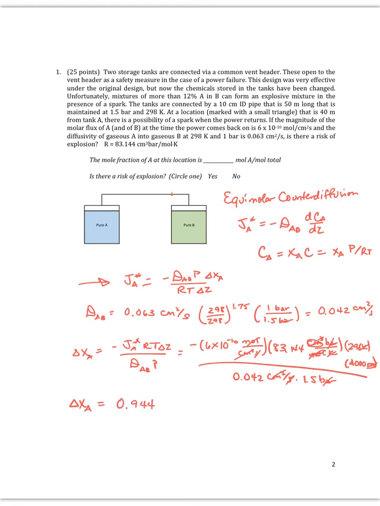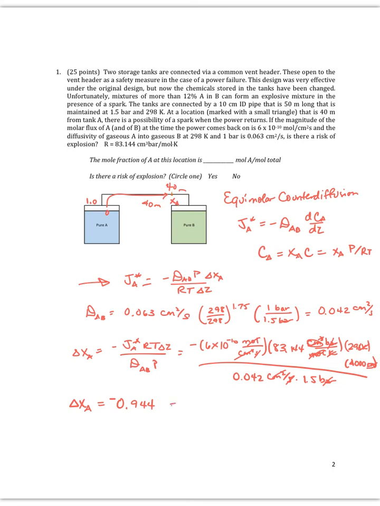0.944. Now, the distance from here to here is 40 meters. So I'm taking 40 at this point and 0 at this point as my distance. That's in meters. So what are the x values that correspond with that? Oh, and that's negative 0.944. At this point, this is pure A, so x is equal to 1, and this is the one I'm looking for.